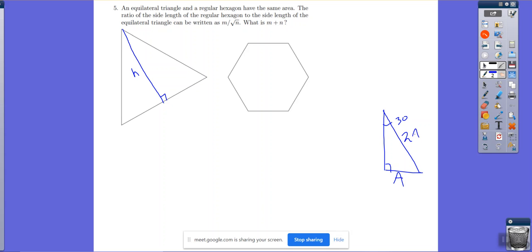And that makes sense because if I call this A, this side length right here is twice, because I broke this part in half. So then the height of the 30-60 right triangle is going to be the shortest leg times the square root of 3. Does that ring a bell so far?